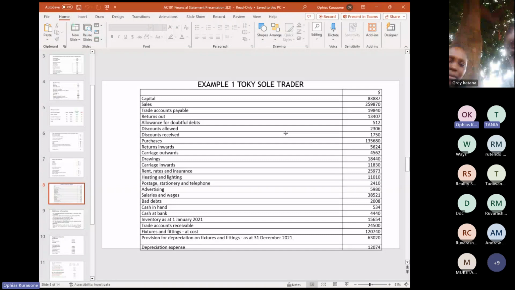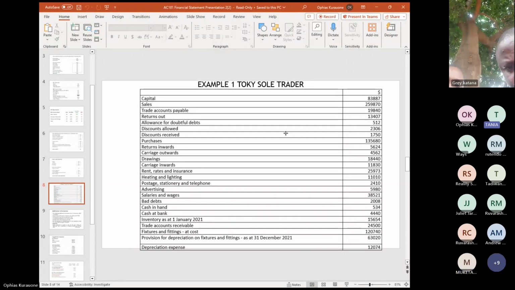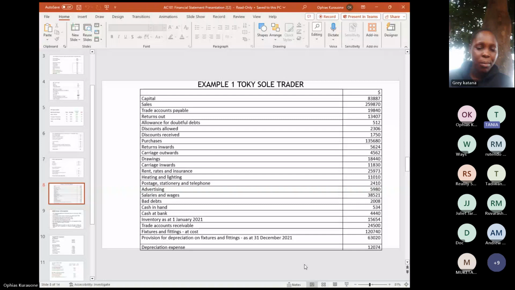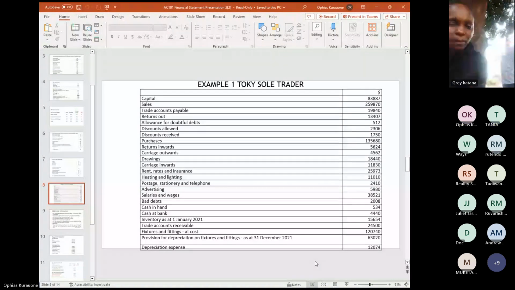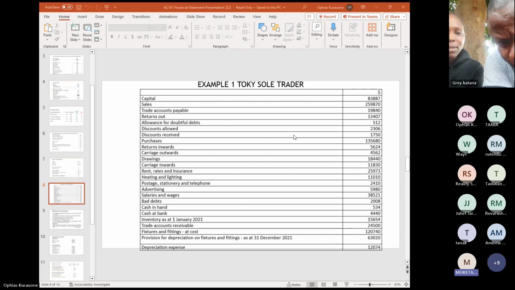I think the slide is not showing Toki's statements. Anyone to read for us? Okay, you can read.